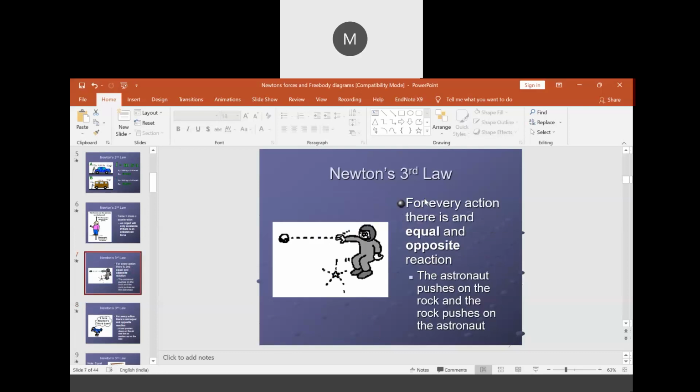Then Newton's third law: every action has an equal and opposite reaction. These are basically what Newton's laws state. Okay. Now we go to the next one.